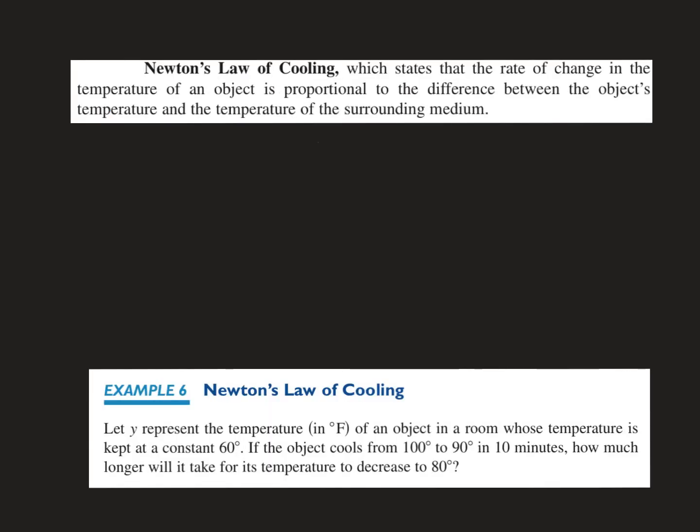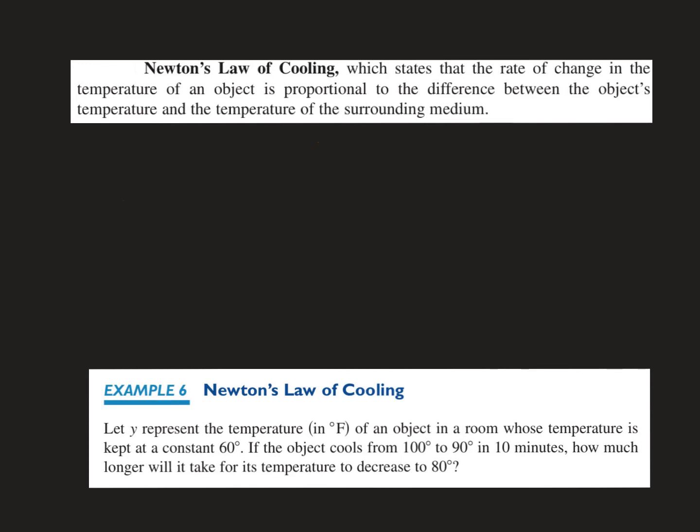Example 6 deals with Newton's law of cooling, so let's take a look at what that states. It says that the rate of change in the temperature of an object is proportional to the difference between the object's temperature and the temperature of the surrounding medium.